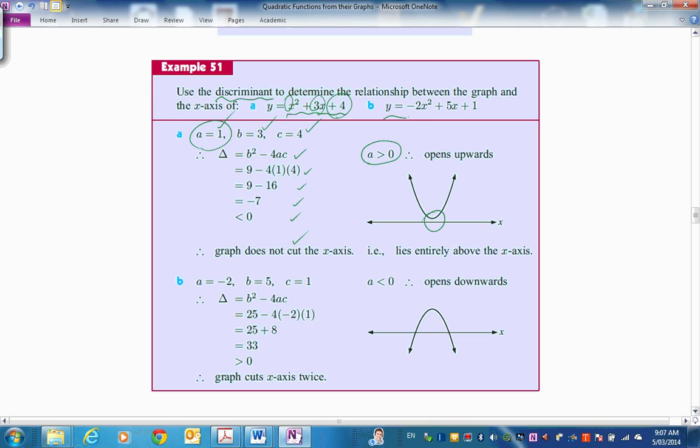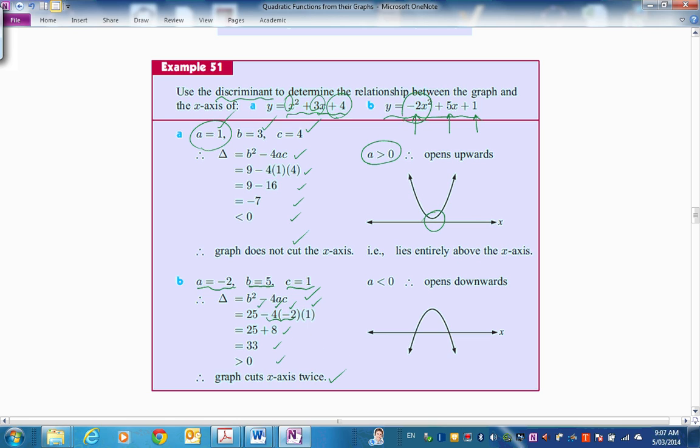Let's do the other one. a is negative 2, write it down over here. b is 5, write it down. c is 1, write it down. Calculate b squared take 4ac, 5 squared take 4 by a, use a bracket, what's the negatives? Negative times the negatives are positive, 33, that's greater than 0, cuts the axis twice.